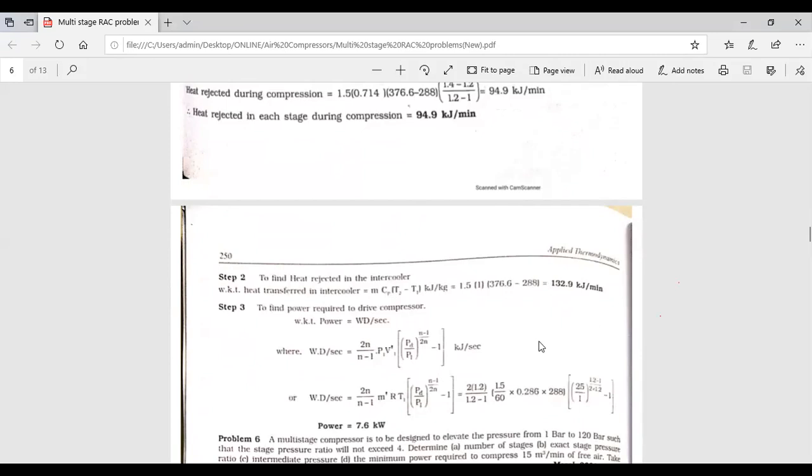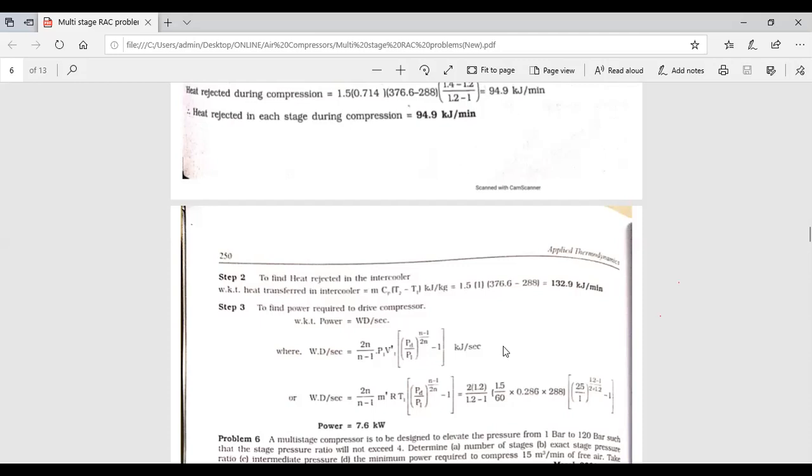And finally, a very simple formula, just calculate the work done using this formula: 2n divided by (n minus 1) into P1 V1, times [(delivery pressure PD divided by P1) to the power of (n minus 1) divided by 2n, minus 1]. What you used in the previous problem, the same equation you are going to use.